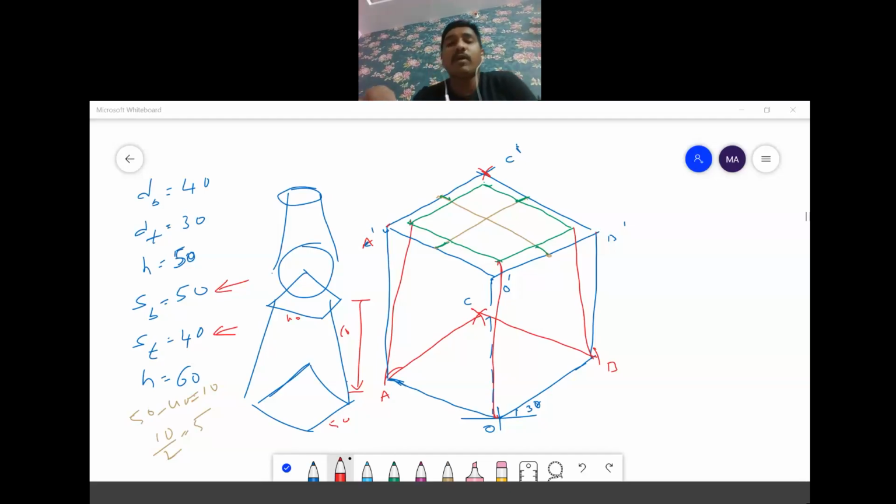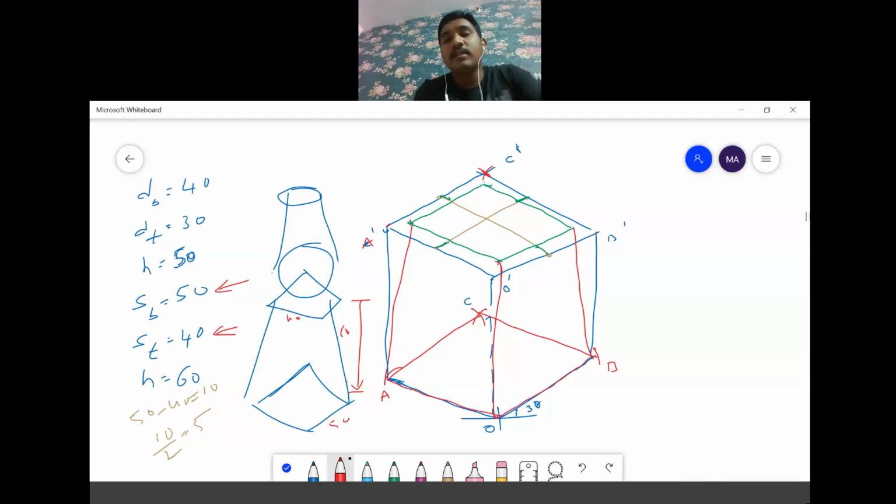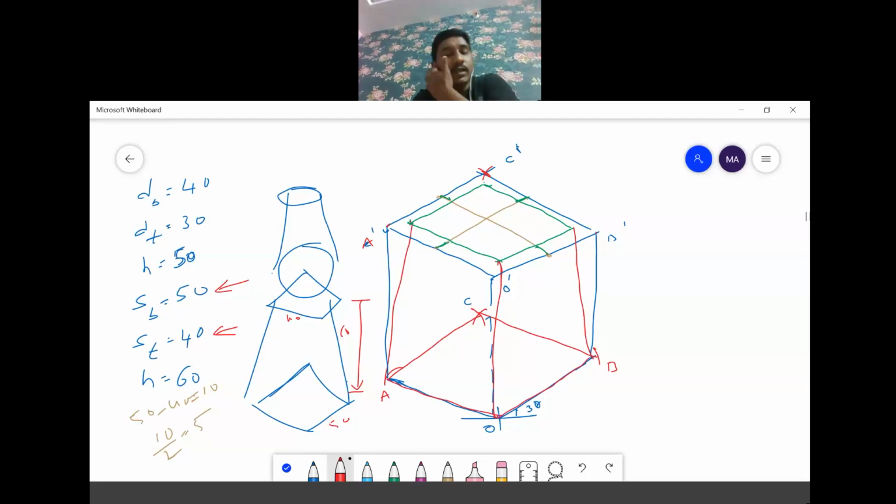Okay, whatever you are seeing here, this blue line, this red color line should be dark, and all these blue color lines and this line which you have drawn should be the dotted ones.